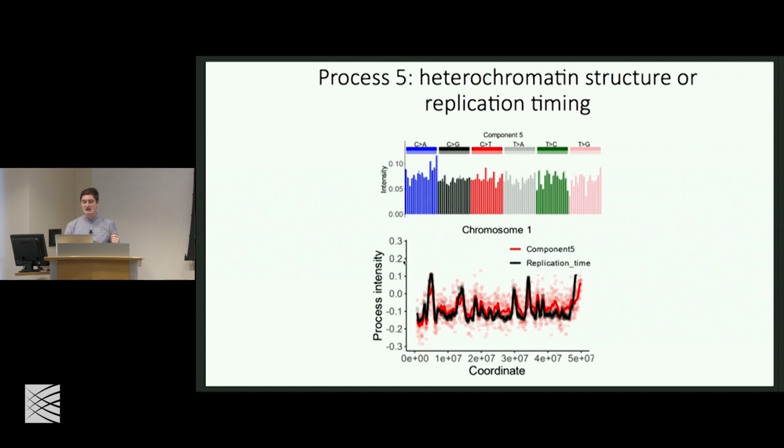And again, if we look at the intensity of this process along the genome, it perfectly mirrors replication timing of genomic regions. So it doesn't suggest a biological mechanism, but it suggests that at least we have a biological association of this process, and it mirrors replication timing.